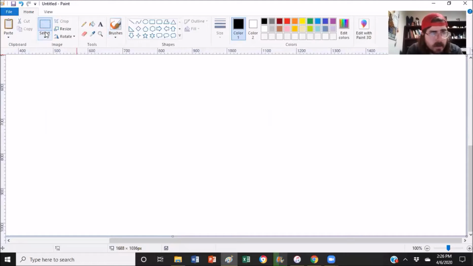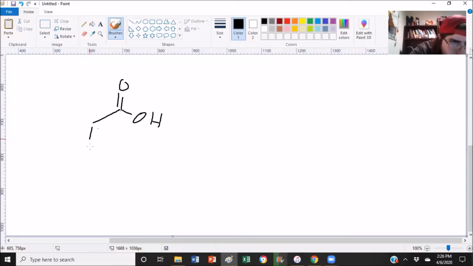You could always go ethane, 1,2 dicarboxyethane or something like that. If we name this one, the ethane version of the dicarboxylic acid is oxalic acid.